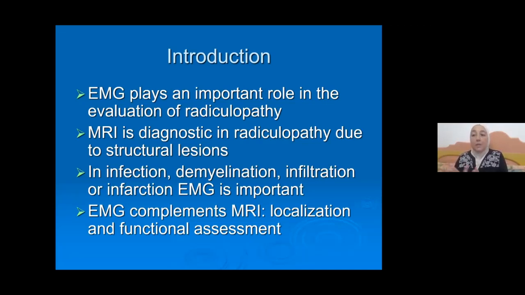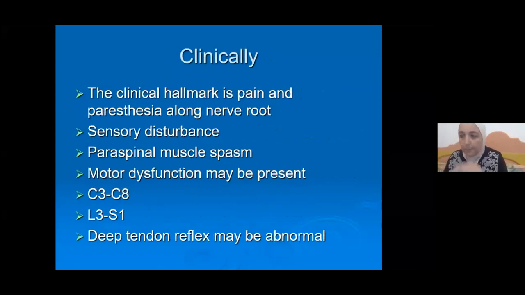This is in cases of infection, demyelination, as in CIDP for example, infiltration, such as cases of lymphomatous meningitis or any malignant infiltration, or in cases of infarction, infection as Lyme disease or herpes simplex. So EMG is indispensable in cases of radiculopathy. It complements MRI in localization as well as functional assessment.